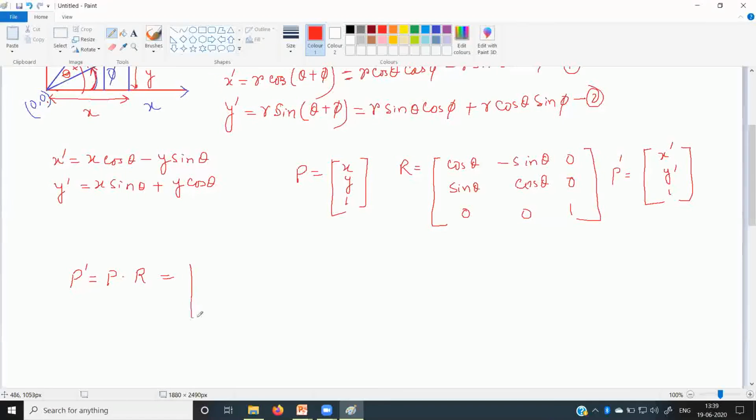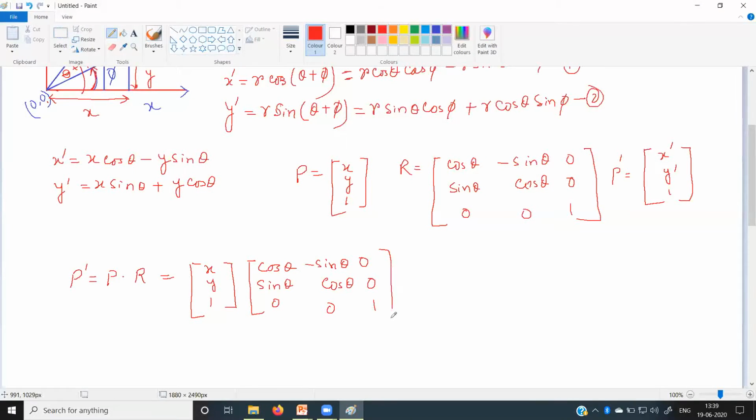So I'm showing you. We replace P by x, y, 1, and R by cos theta, minus sin theta, 0, and then sin theta, cos theta, 0, then 0, 0, 1.